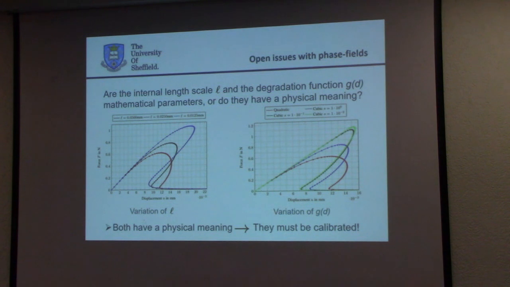So the observations here are that both L and g have a physical relevance. You must calibrate them. They are not just mathematical functions. They must be calibrated and have a real meaning. This one is related to the width of your fracture process zone. This one is related to how well you approach your brittle fracture.